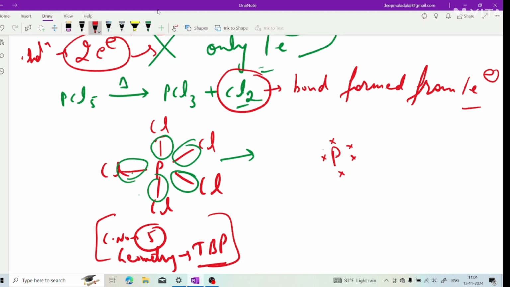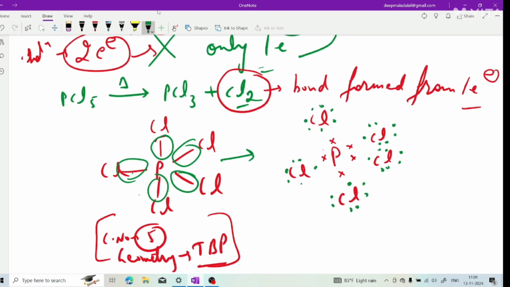And each chlorine has 7 valence electrons, 1, 2, 3, 4, 5, 6, 7.